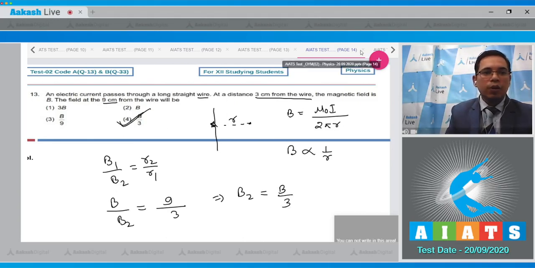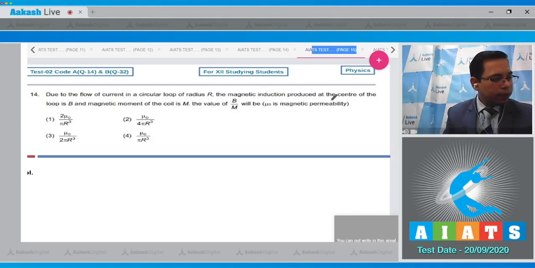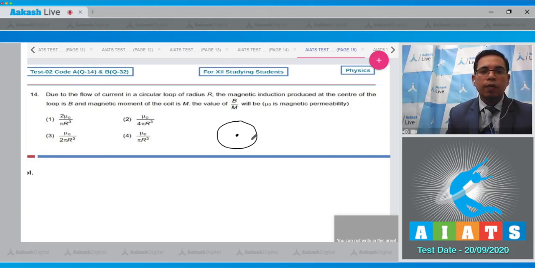Now move to question number 14, which states that due to a flow of current in a circular loop of radius r, the magnetic induction produced at the center of the loop is B and the magnetic moment of the coil is m. The value of B by m will be. Now dear student, we know that if there is a current I, then the magnetic field at the center will be equal to mu naught I upon 2r.